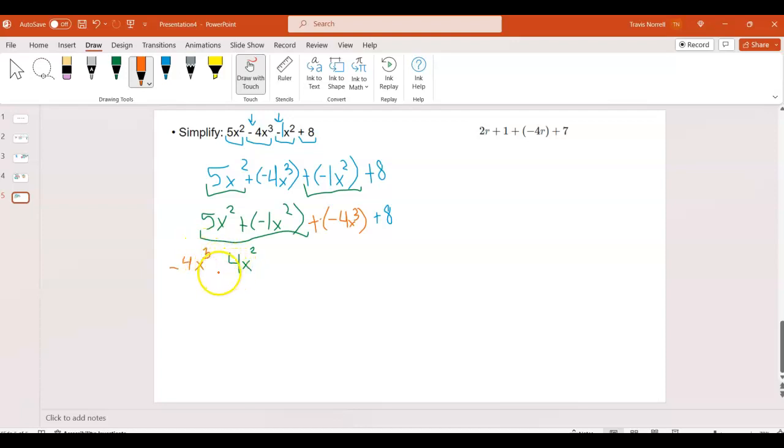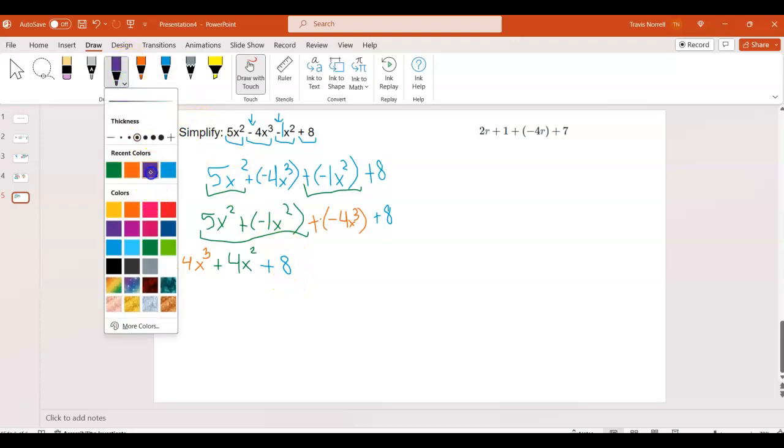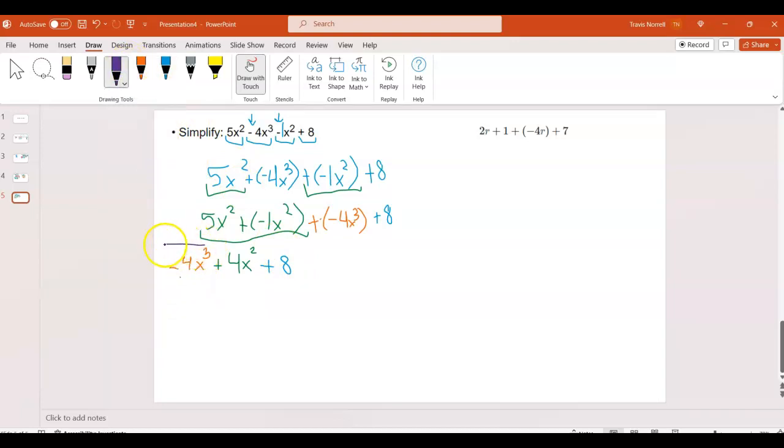Since that's a positive 4x squared, we'll put that plus sign there. Plus 4x squared, and then don't forget your plus 8. And there's your final answer.